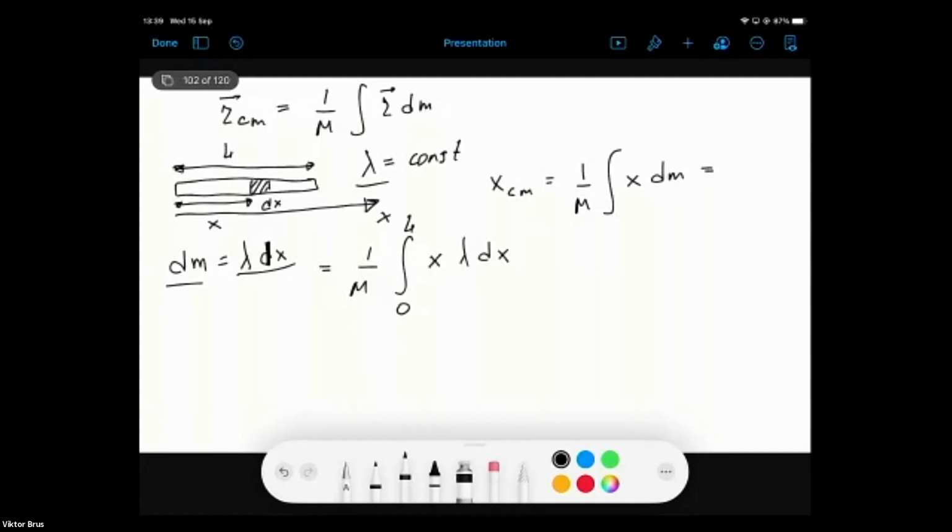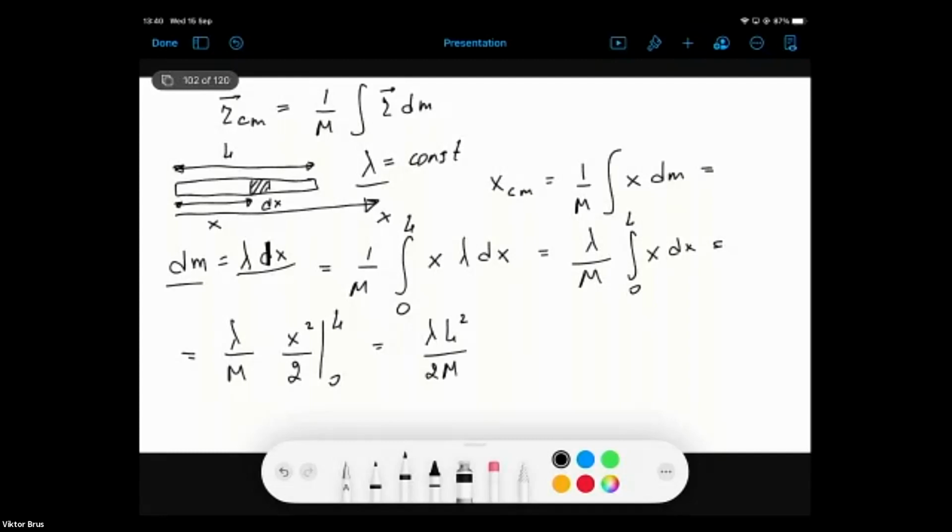Lambda is a constant, so we can just take it out from the integral, and that will be lambda over, sorry, it's capital M, integral x dx from 0 to L. So this we will get lambda over M times x squared divided by 2 from 0 to L. Now, when we substitute these limits, we will get lambda times L squared divided by 2M.